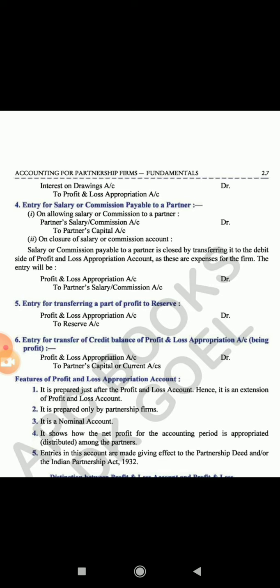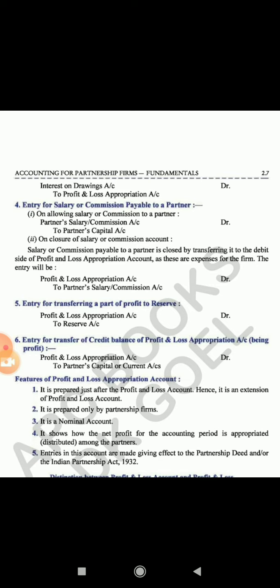Next, transfer of profit to reserve: profit and loss appropriation account debit to reserve.